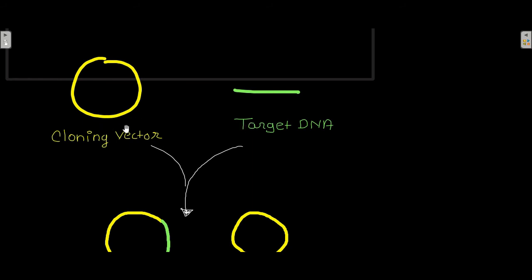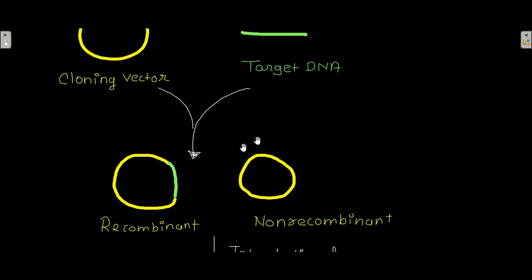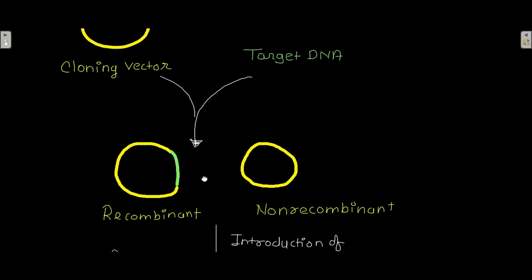You start with a cloning vector, you take DNA, you combine them and make a recombinant DNA. Now in the process, there is formation of recombinant DNA, but there is also formation of non-recombinant DNA. And you don't know which is which because right now you can't see the DNA. DNA is very small.